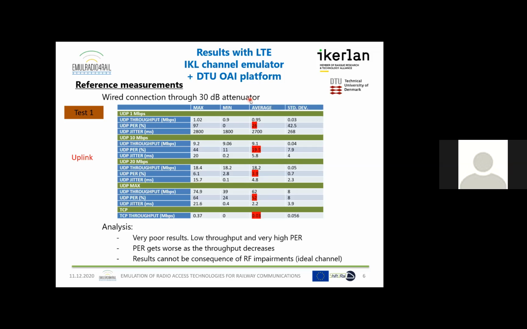As Marion will also explain later, we have made some last-minute tests with the latest releases of OpenAir interface, and now the connection is far more stable. The obtained uplink and downlink results are very good. So it's a pity, but when we did this test it was too early for OpenAir interface, and that's why we have these poor results.